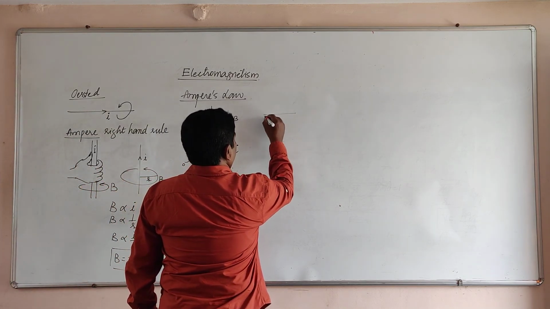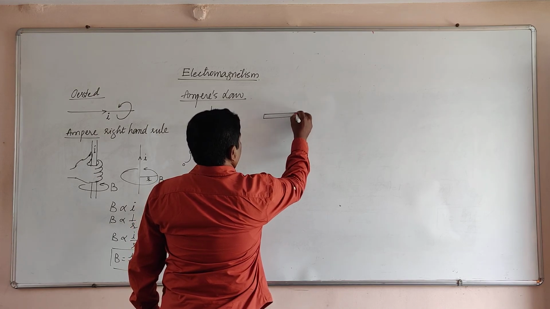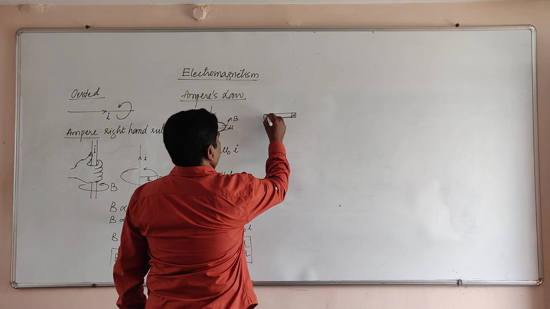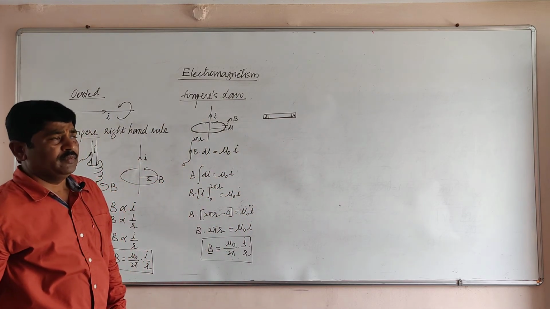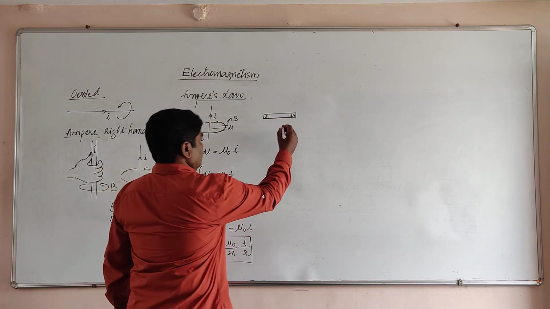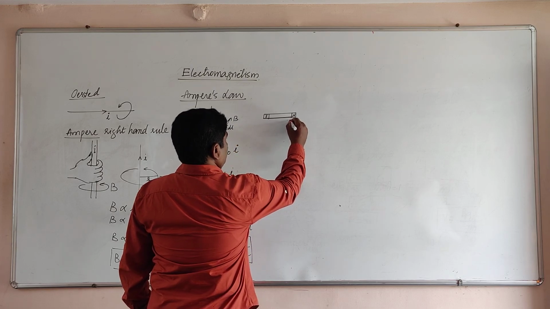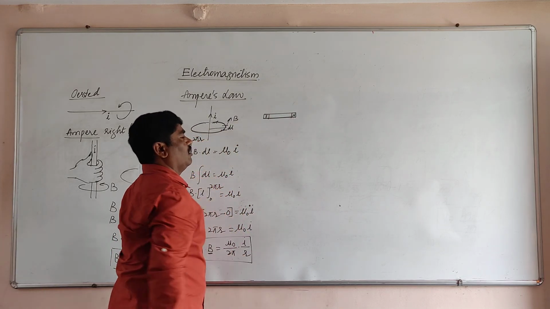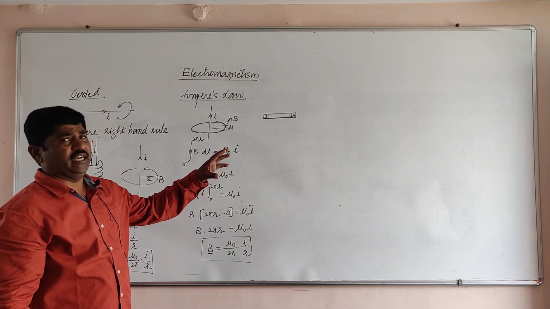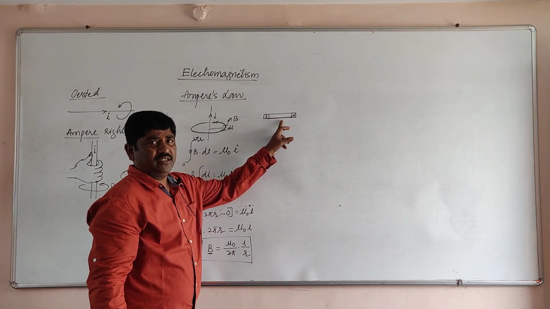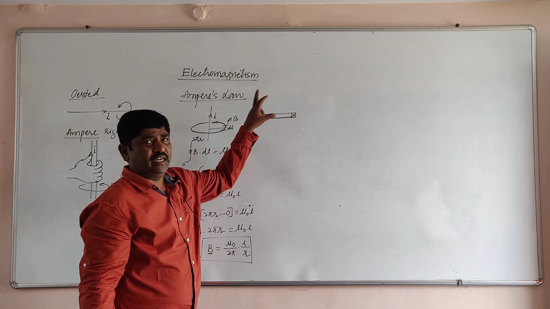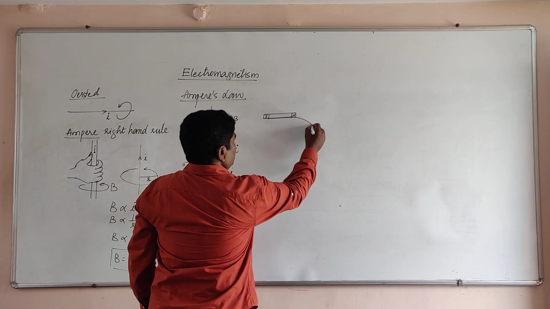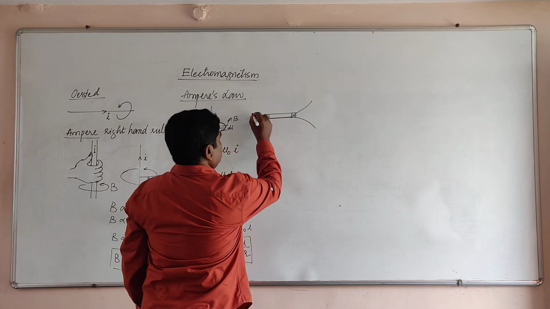Whenever a magnet is taken, this magnet consists of two poles, north and south. The attraction or repulsion of the magnetic field by this bar magnet spreads in its vicinity like this.